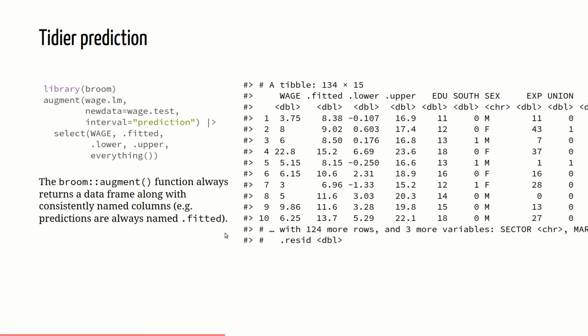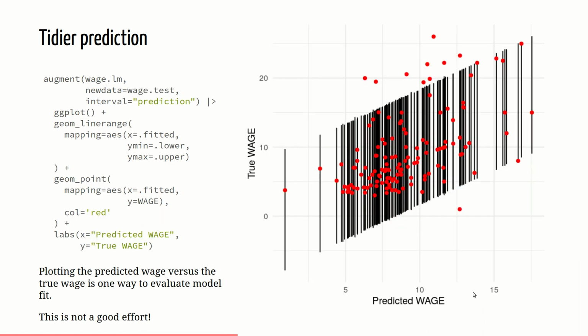So given this nice tidy data frame, we could actually visualize the actual wage versus the prediction here. I put the predicted wage on the x-axis and the true wage on the y-axis, so that I can plot the predicted wage versus true wage, the dots, and then I can put the prediction intervals on as well.